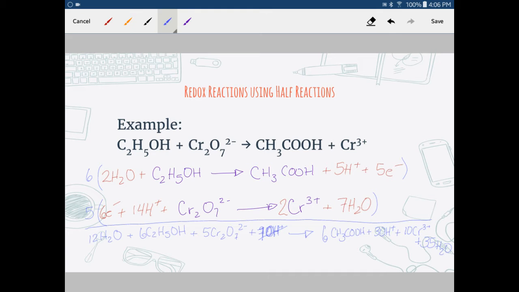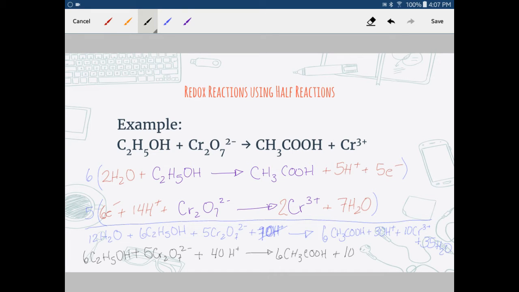So I'm going to have a net reaction of 6 C2H5OH plus 5 Cr2O7 2- plus 40 remaining hydrogens, going to 6 CH3COOH, no extra hydrogens.